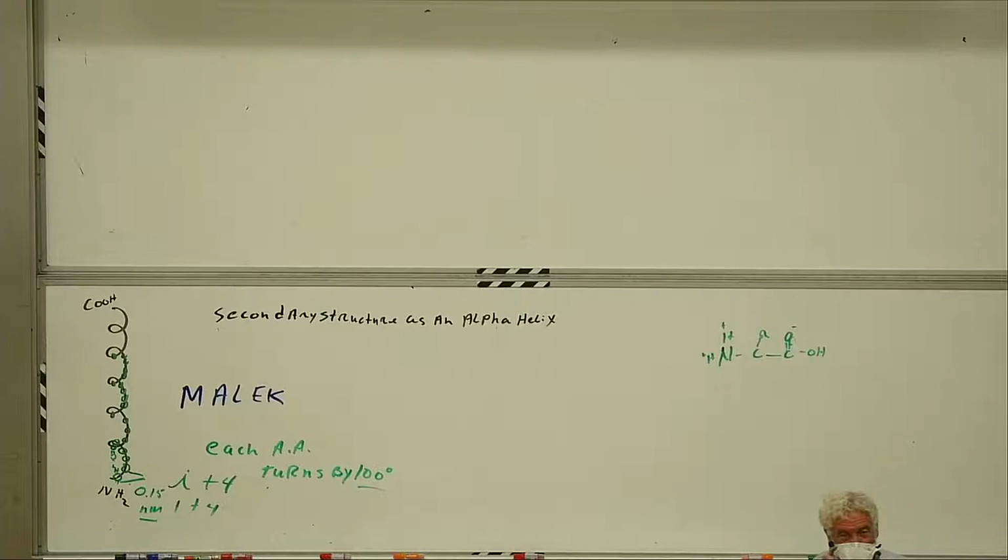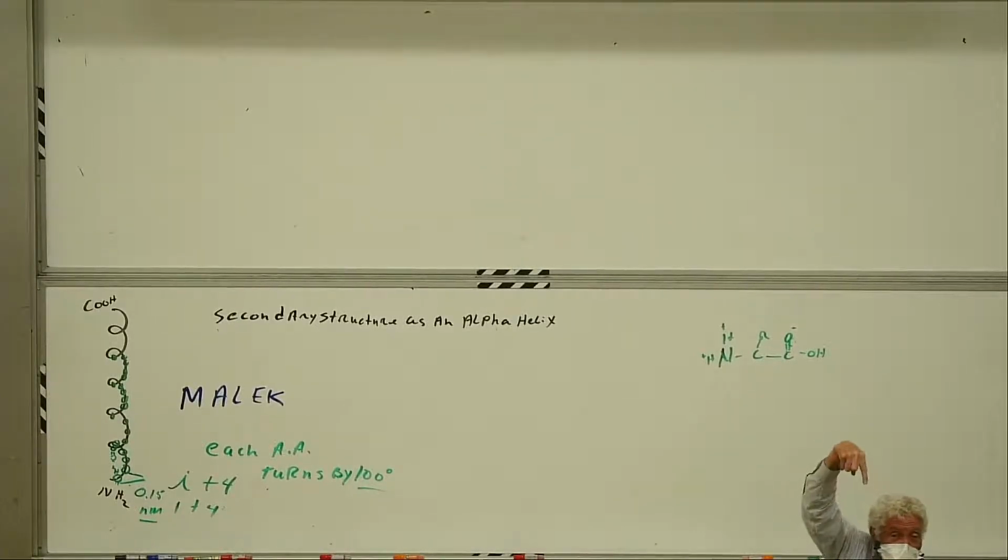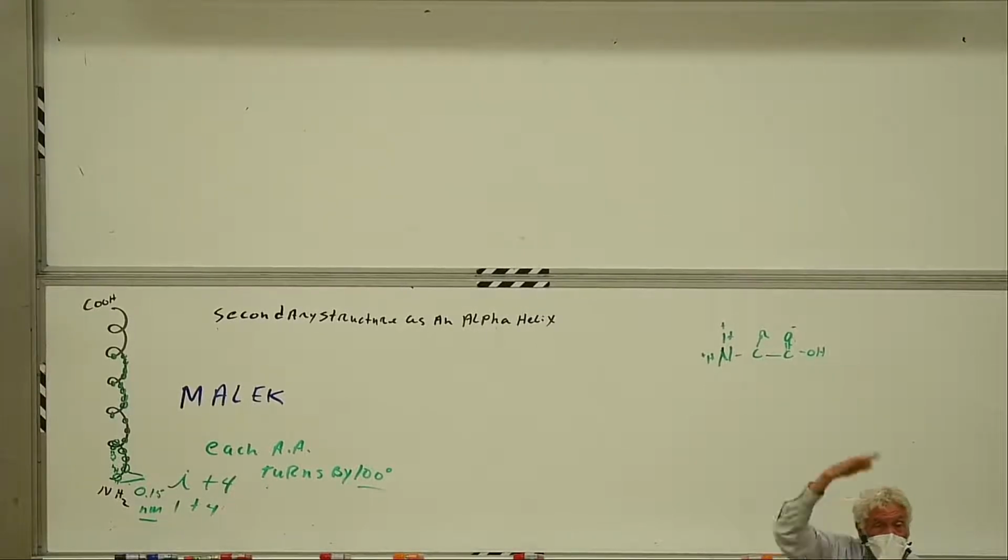Almost. It's almost the 4, but it's going to be a little more, right? Because the full 360 is 3.6. And now you're going 2 to 6, so that's 4 in between. So you go slightly more than 360 degrees to form that hydrogen bond. But they will form.